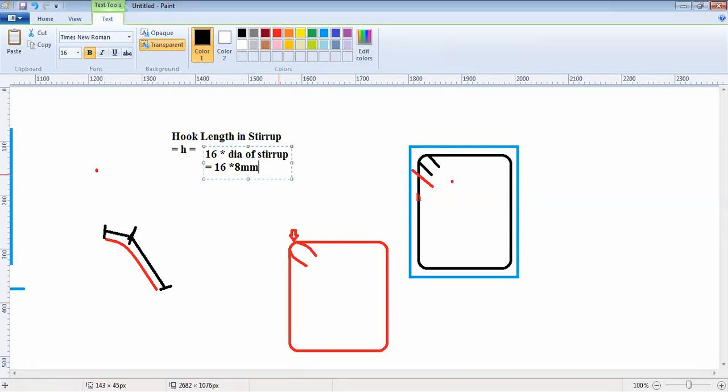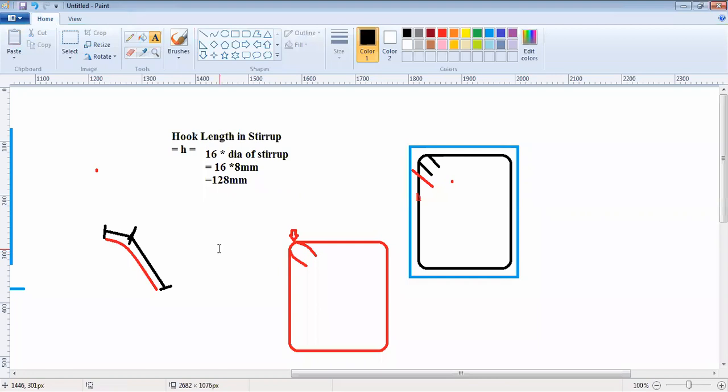We have provided the stirrup to be 8 mm. So how much is this? That's 128 mm. So you have to at least provide the hook length of stirrup to be 128 mm.